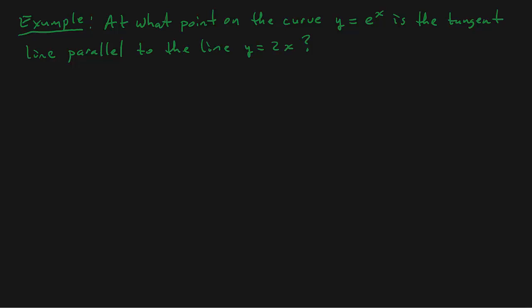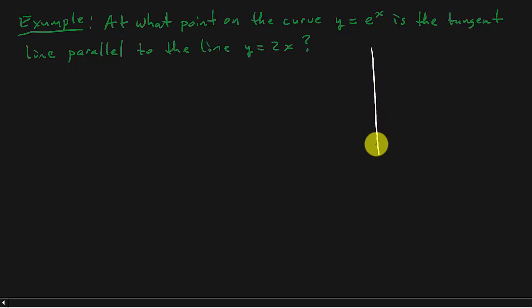All right, so let's look at this. At what point on the curve y equals e to the x is the tangent line parallel to the line y equals 2x? This is easy enough, and let's think through it. Let's sketch a graph. The graph of 2x, we'd have a point here, and then a point here.